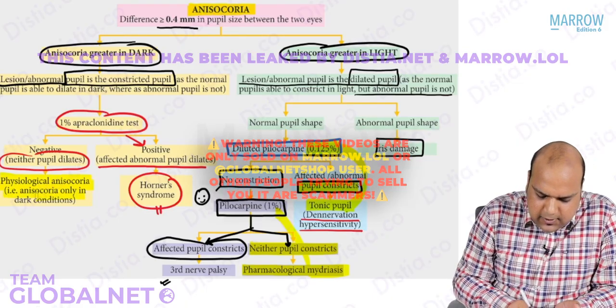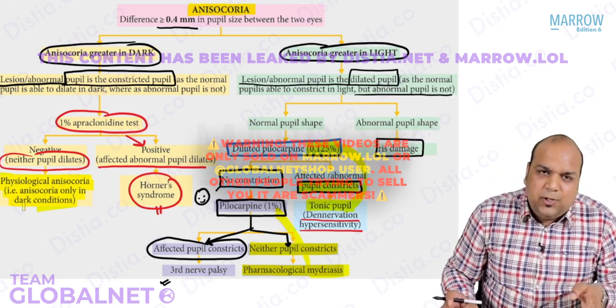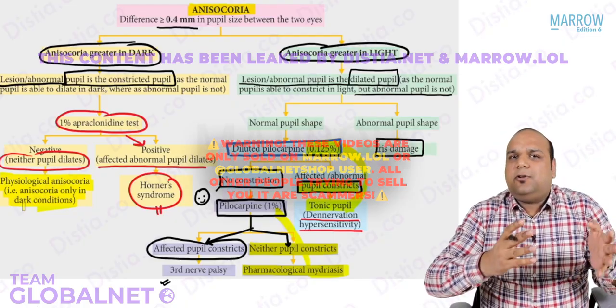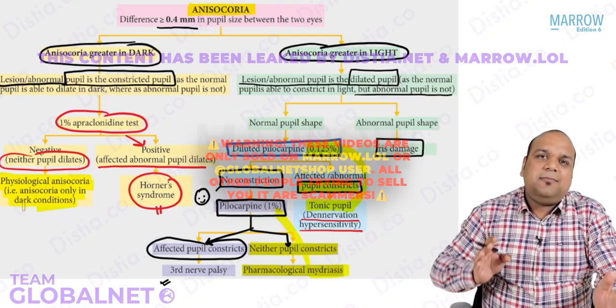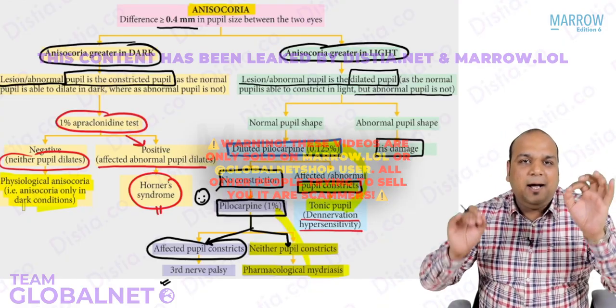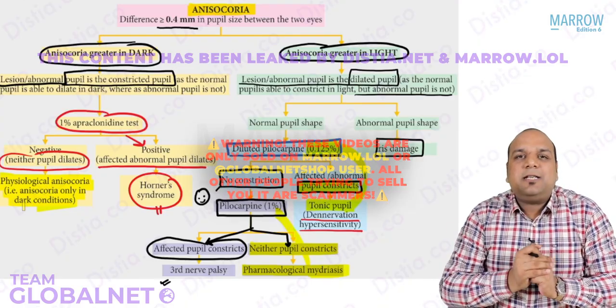It is a case of physiological anisocoria. So basically, if there is anisocoria in dark, either it can be a case of Horner syndrome or it can be physiological, normal or Horner's. The only test which can differentiate is the 1% apraclonidine test. As simple as that.